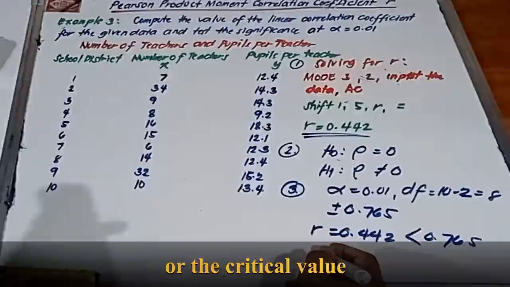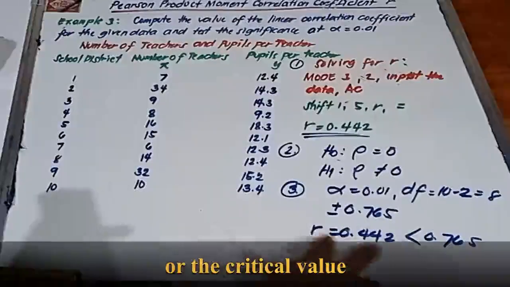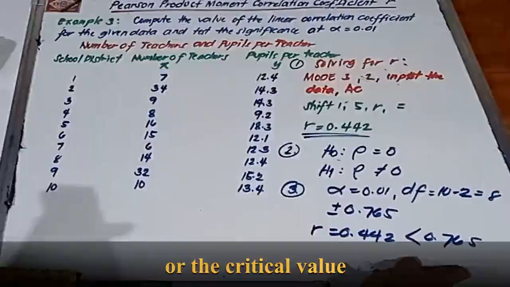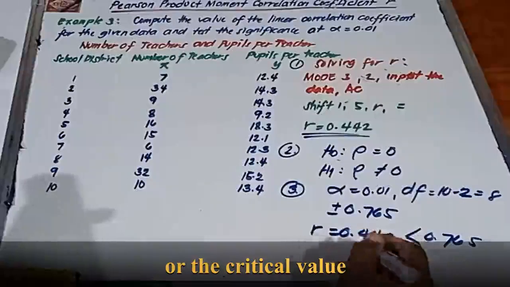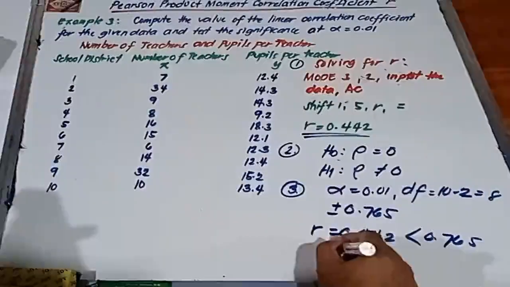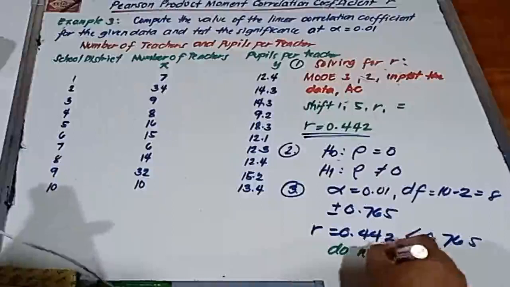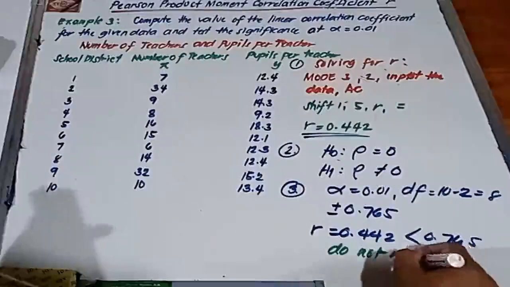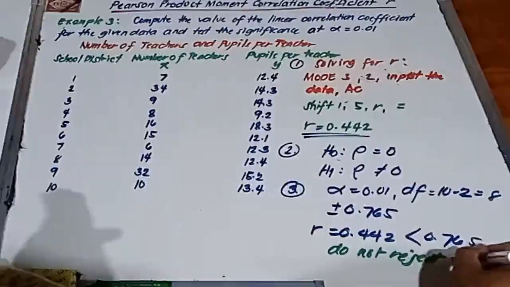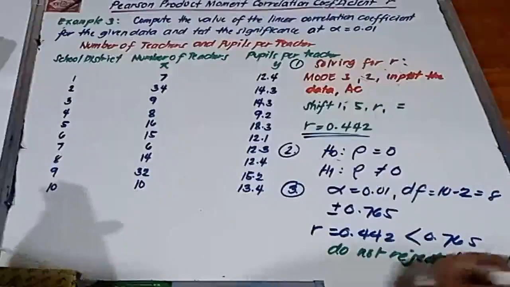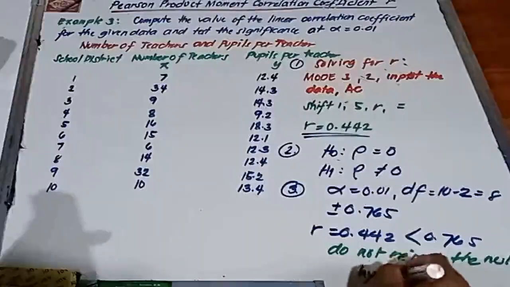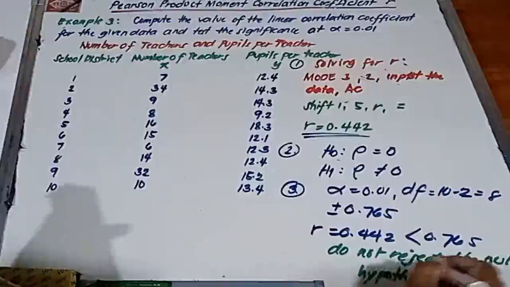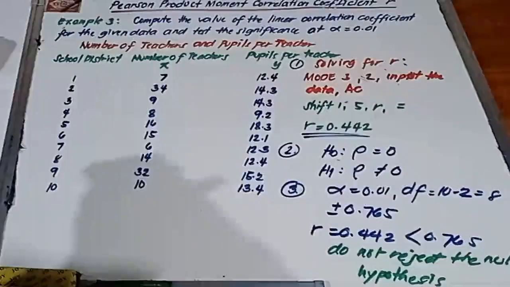Sa case na to, hindi natin pwedeng i-reject ang null kasi si R is less than 0.765. So our decision is do not reject the null hypothesis. Kasi less than yung R natin dun sa value dun sa table I na nakuha natin.